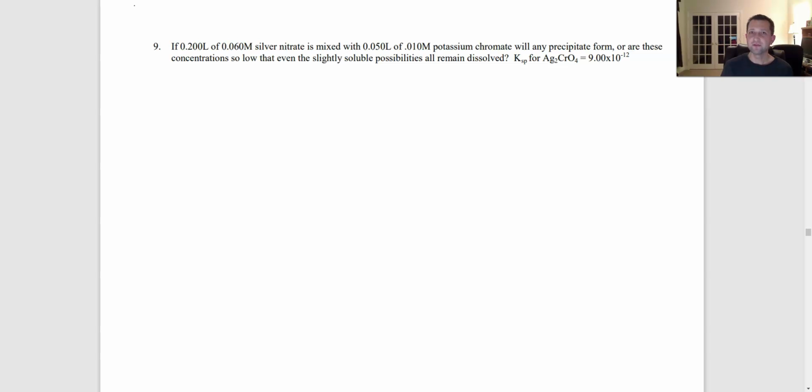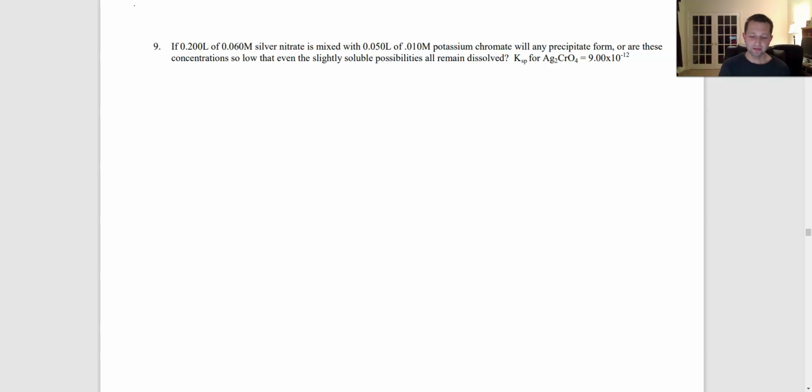A precipitate is an insoluble solid. But remember, back when we did the lesson on solubility product, even something that is considered insoluble does dissolve a tiny, tiny bit.